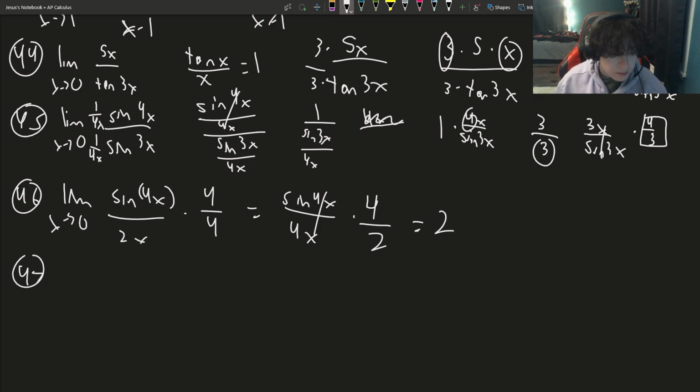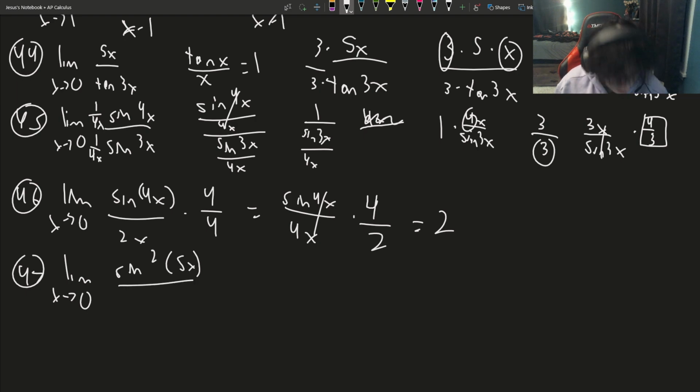47, the limit as x approaches 0 of sine squared of 5x over 5x squared.